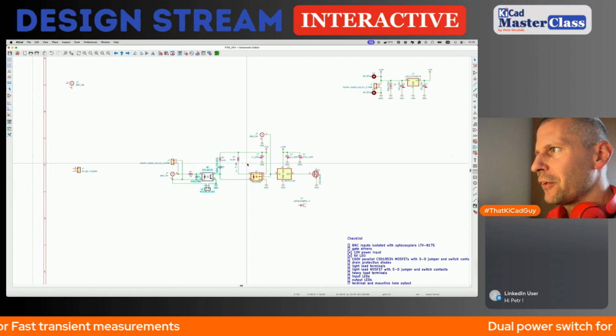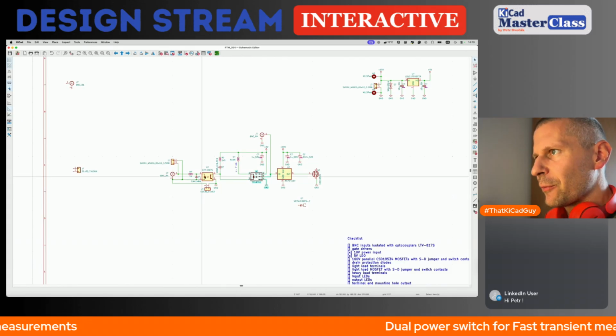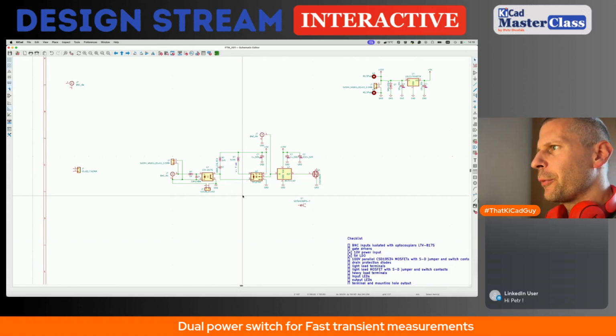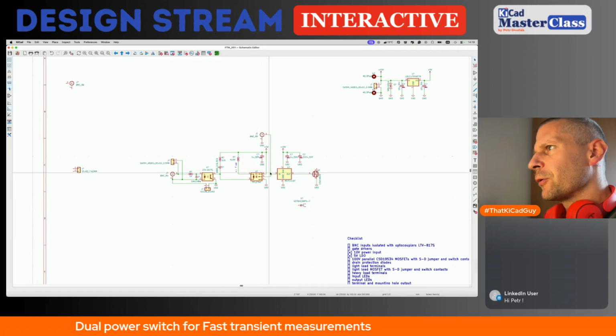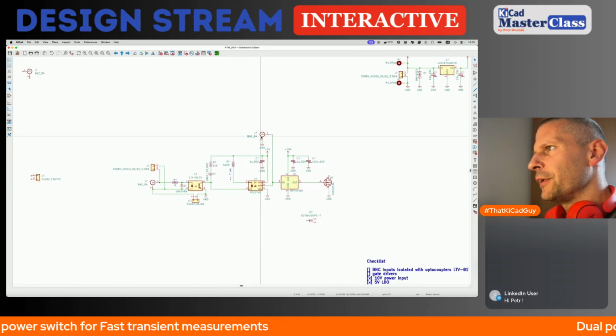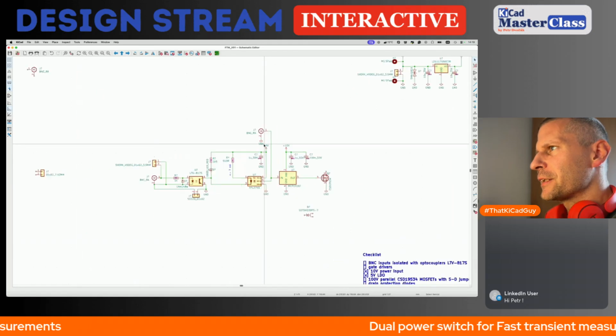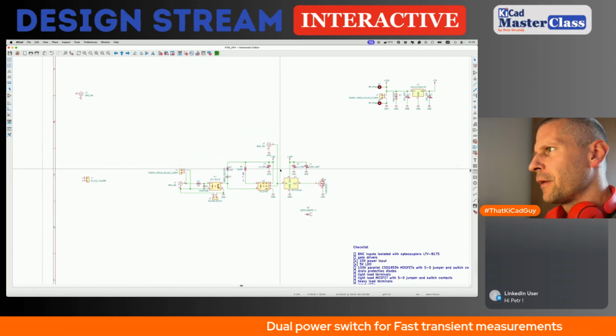Here is a delay. There are some capacities, there are some transition times needed, propagation delay. So this should be accessible as well for measurement.